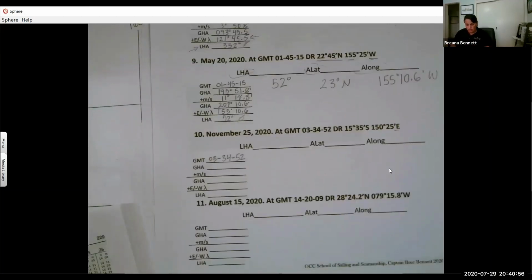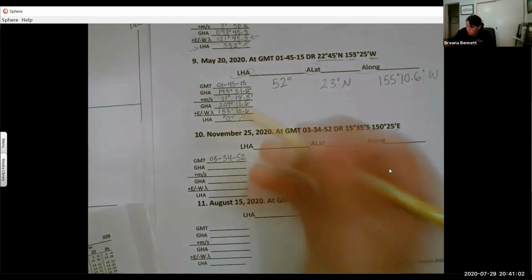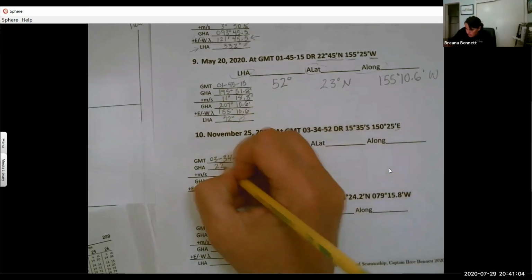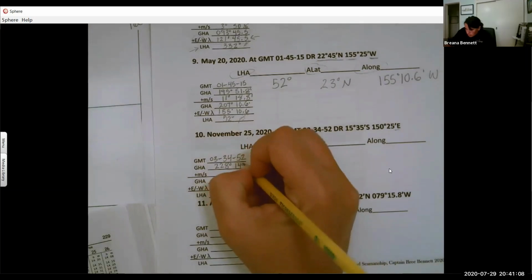November 25th, we have a GHA of 228 degrees, 14.9 minutes.